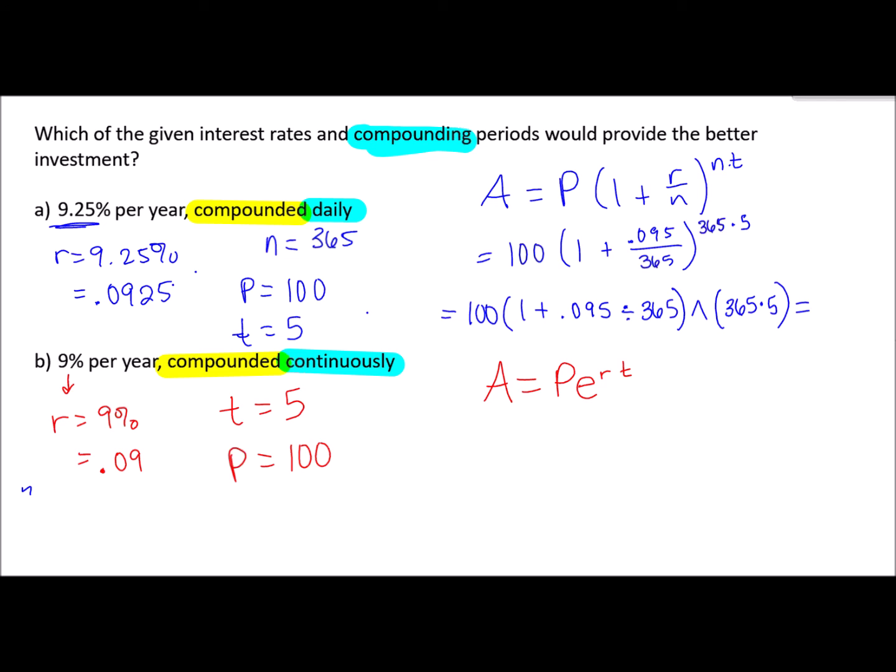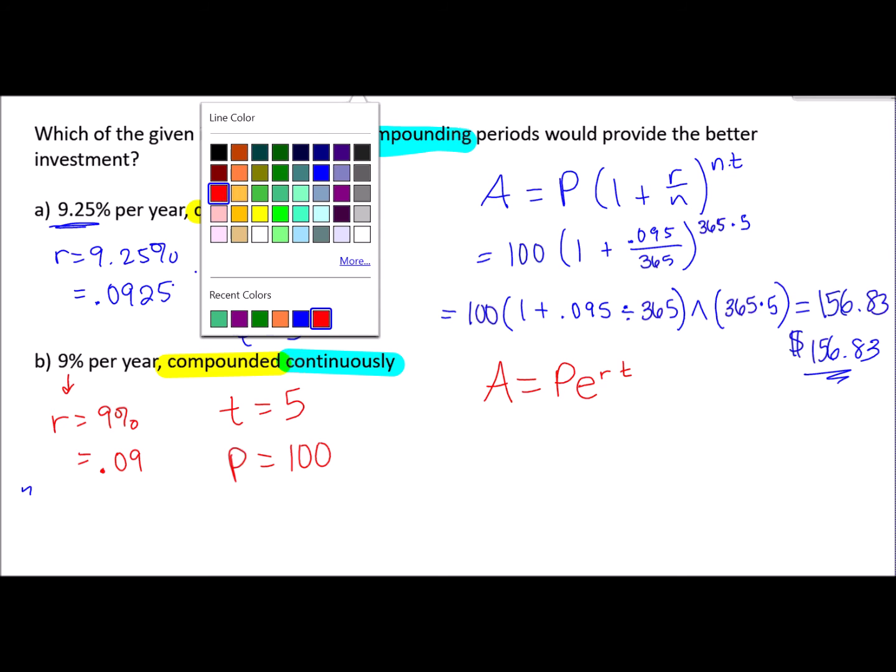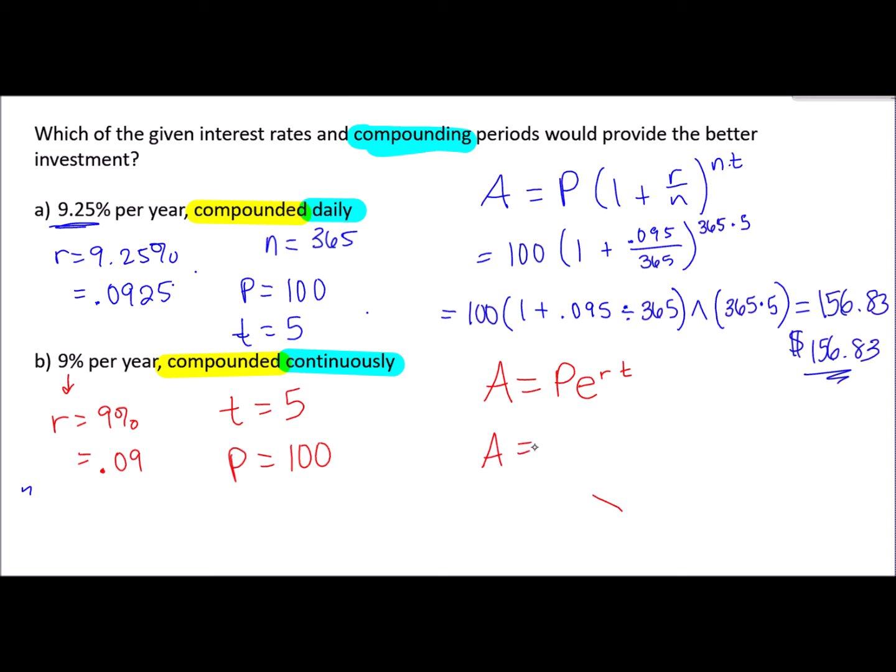Okay, I got 156.83. And then for this one, we've got 100 e to the 0.09 times 5.